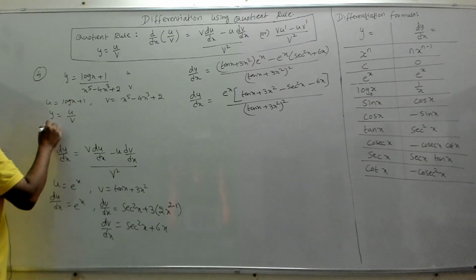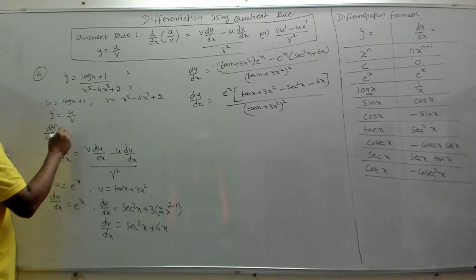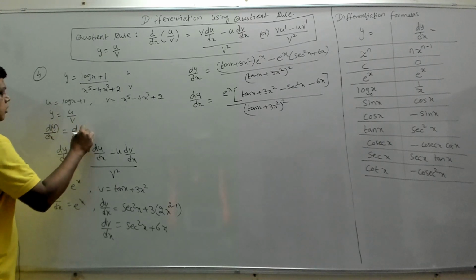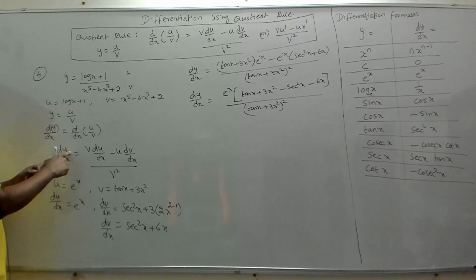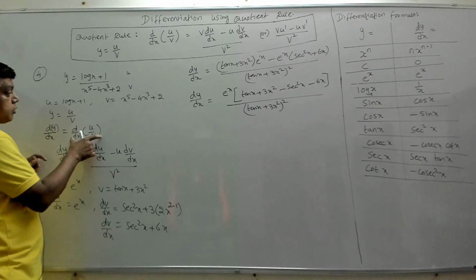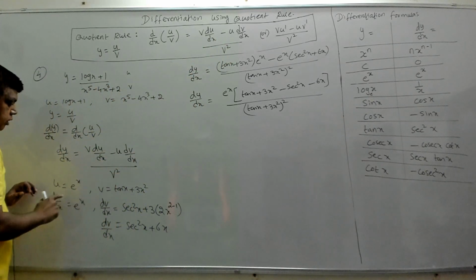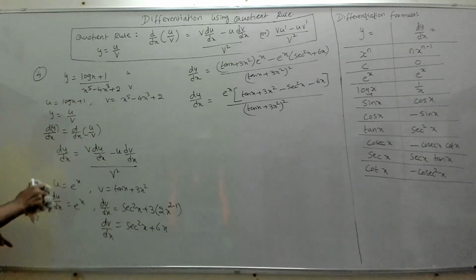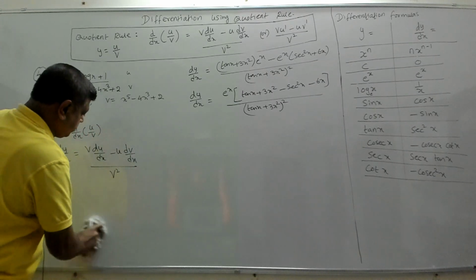Now our dy by dx of y is dy by dx of u by v. Then the quotient rule is the formula which we substitute, and then we have to find du by dx and dv by dx.